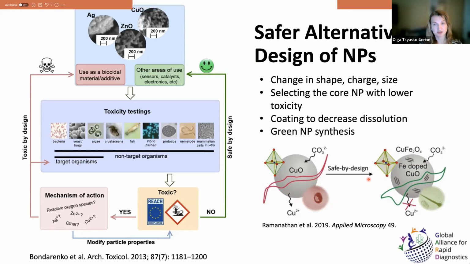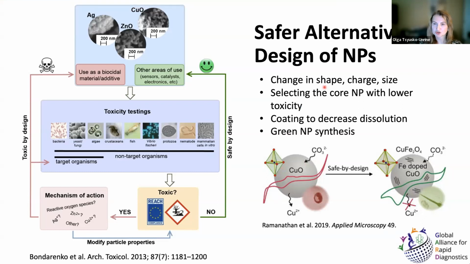There is a huge demand for novel nanomaterials, right, for their amazing properties. Yes, in some cases we can control, for example, dissolution. Here is an example of how to decrease the amount of dissolved copper with copper oxide particles: they were doped with iron. That's one of the approaches people use to decrease dissolution. There is also what we call green nanoparticle synthesis, where the core of the particle is as safe, biodegradable, and biocompatible as possible.